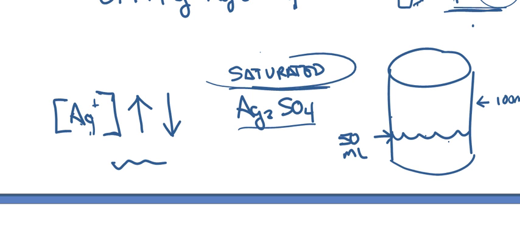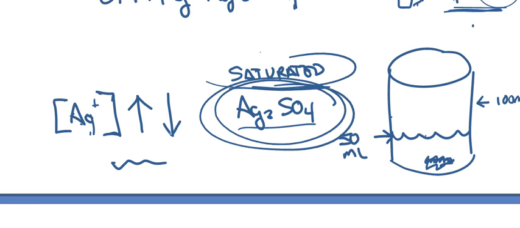So hopefully you said the concentration does not change. However, we should witness something forming in the bottom of our beaker, and that's a precipitate. The reason why is because that solution can only hold a certain amount of ions in solution, and once that water is evaporated out, that solution can no longer hold those ions. So we start to see the formation of a precipitate. Actually, silver sulfate will start to form or crystallize out.